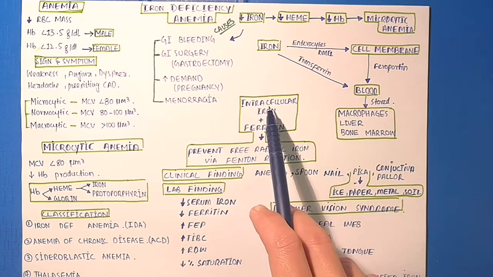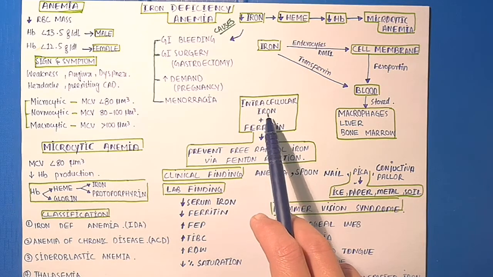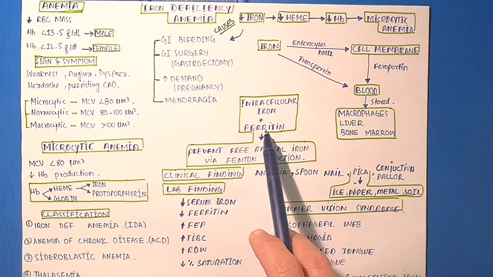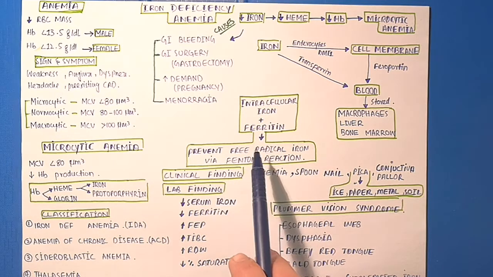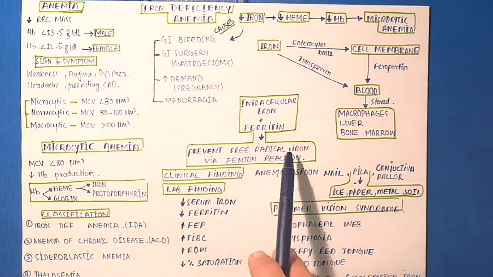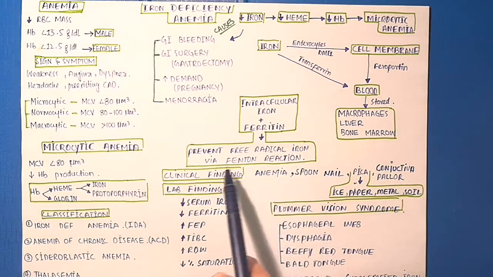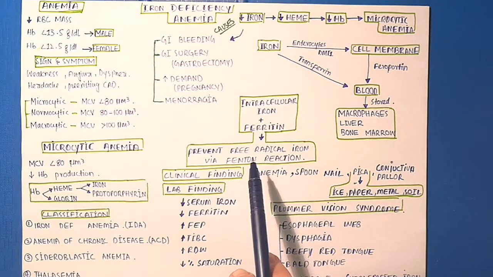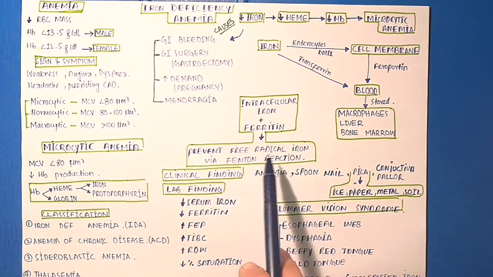So the intracellular iron level increases and binds to ferritin, which is a protein that contains iron, which prevents the formation of free radicals via the Fenton reaction. The Fenton reaction results in creation of hydroxyl radical from hydrogen peroxide and iron.